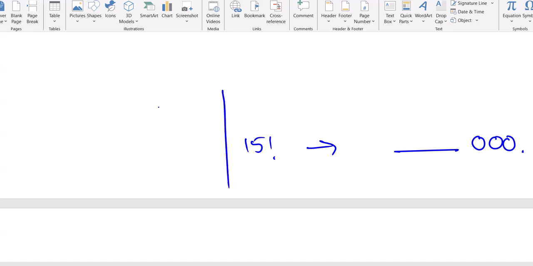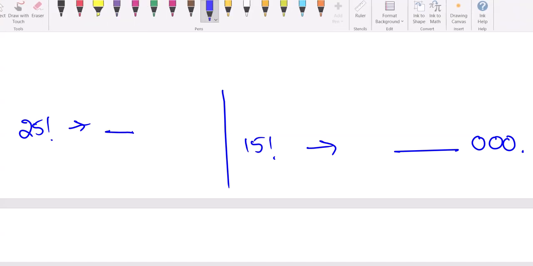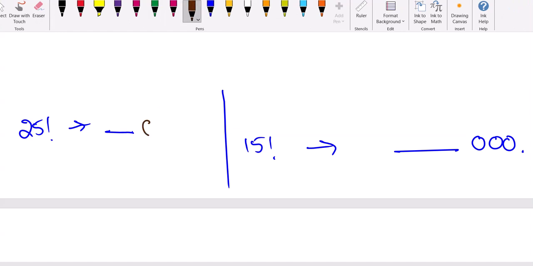But 25 factorial ends with how many zeros? 25 factorial will end with 5 zeros is wrong, 6 zeros. 25 is having 5 into 5, 2 5s, right? That's important. 25 is 5 into 5.